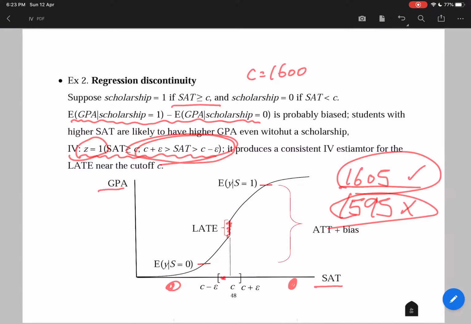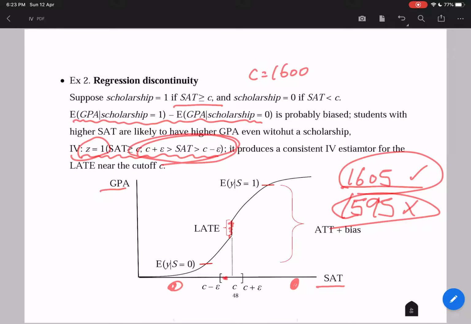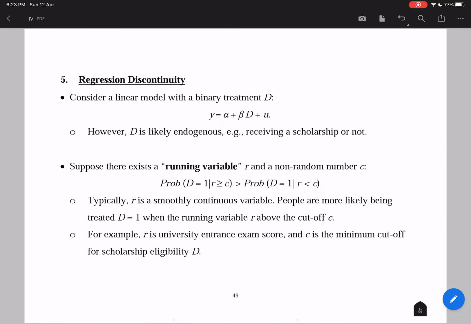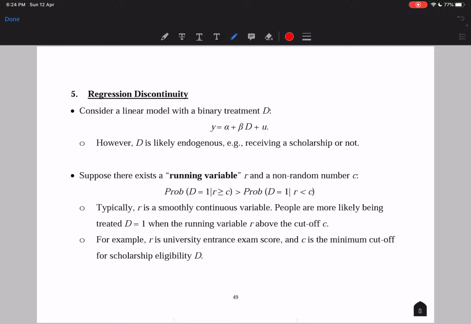Okay. But here we are only giving you an example, an intuition. So now let's talk in detail about how to implement a regression discontinuity design. So let's consider again a linear model with a binary treatment, and let's assume the treatment effect here is a constant, just for simplicity.